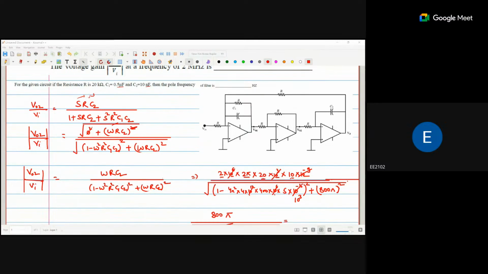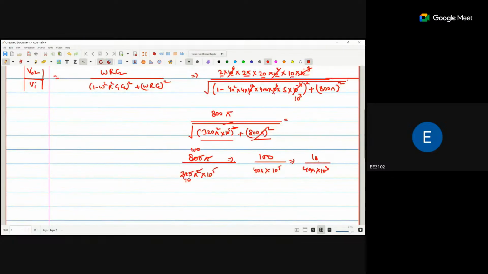I think that is the value you are getting. So what is the value you are getting from that one?